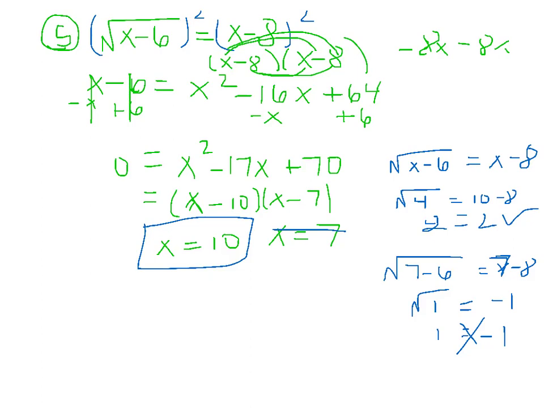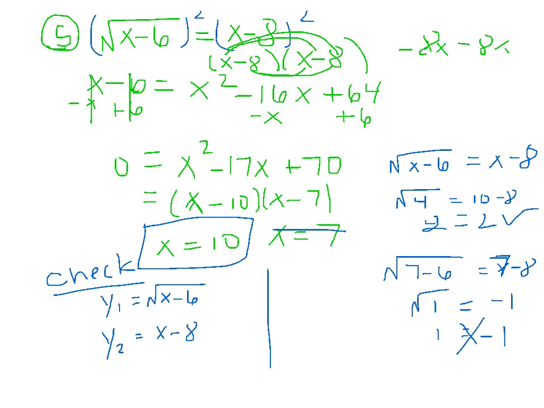Another way you can do this is you can graph it in your calculator. So this is your alternate check. If you go into y1, you're going to type in the square root of x minus 6. In y2, you'll type in x minus 8. So if you go to your graph, you're going to look for that intersection.